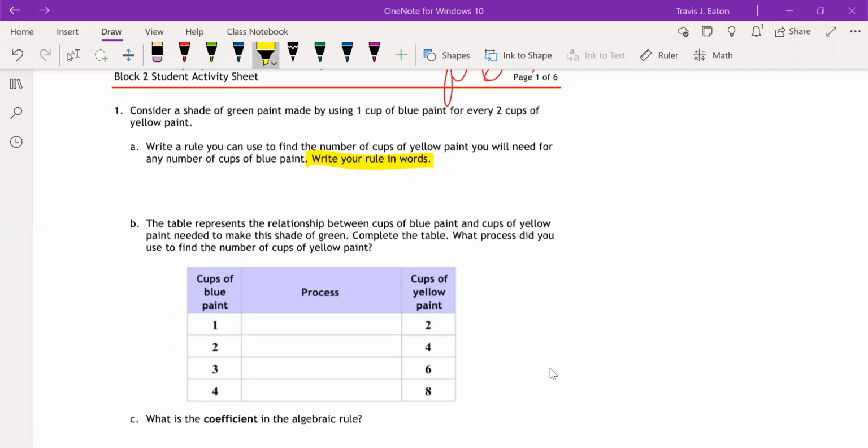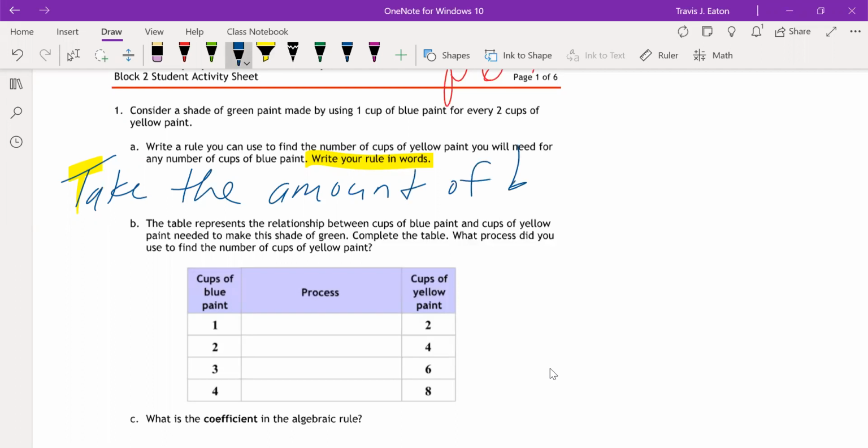So I would say that to find the amount of yellow you would need, you would take the amount of blue paint and multiply by 2.